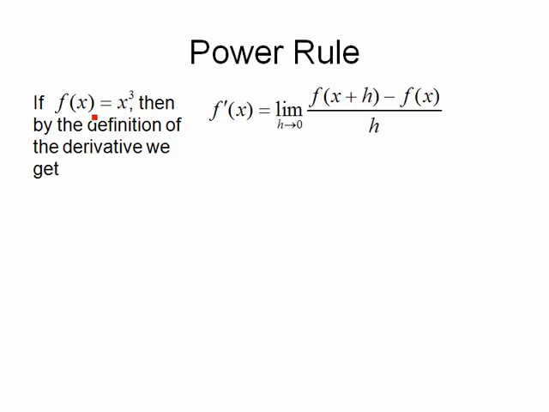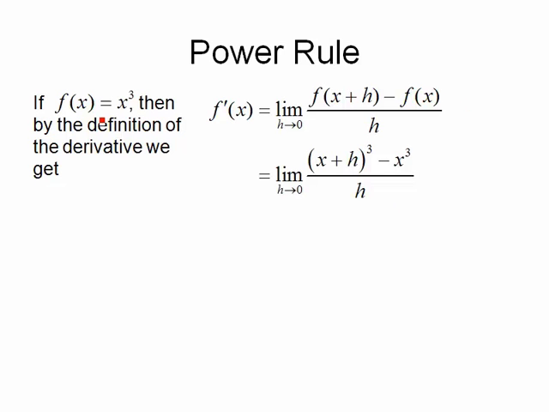If f of x equals x cubed, then let's use that definition of a derivative and see what we end up with. The definition of a derivative is the limit as h goes to 0 of f of x plus h minus f of x, all divided by h. So what I'm going to have to do is figure out what f of x plus h is, put f of x in here, and do lots of algebra.